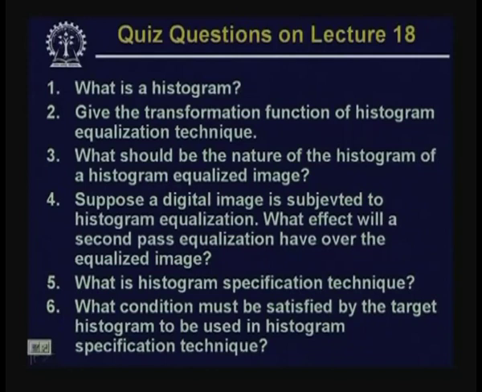Suppose a digital image is subjected to histogram equalization. What effect will a second pass equalization have over the equalized image? What is the histogram specification technique? What condition must be satisfied by the target histogram to be used in the histogram specification technique?